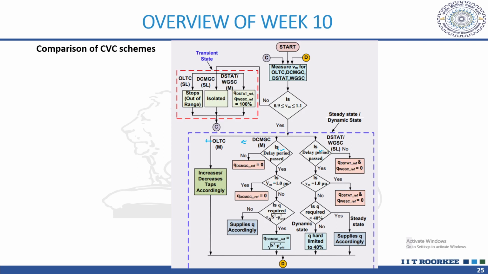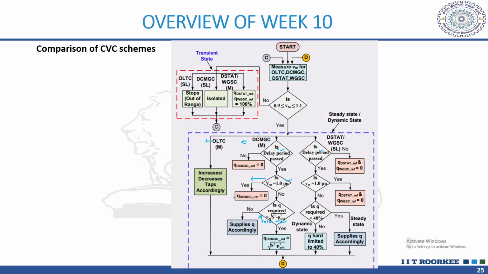And if the delay has passed, after that they are checking the voltage. If the voltage is 1, it means they don't have to do anything, right? That means they don't require Q. But if the voltage is not 1, then they will check if this OLTC can provide the Q required. Basically, if the Q OLTC is greater than the Q required. If yes, then it is set at that value, right? If it is not, then we have to operate.